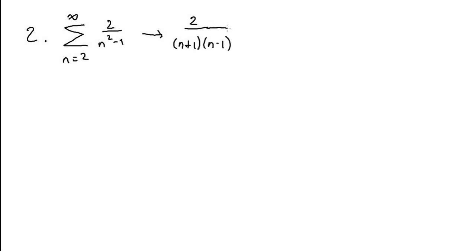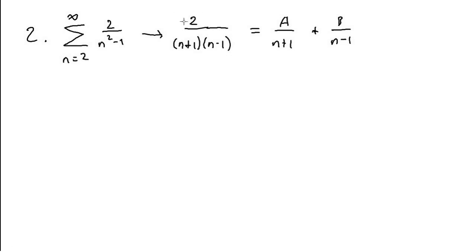Now notice how we have two linear factors on the denominator, so we can use partial fraction decomposition to break it into two smaller fractions. So once again, to review partial fractions, we're going to set this equal to a constant a over the first factor, n plus 1, plus another constant b over the second factor, n minus 1.